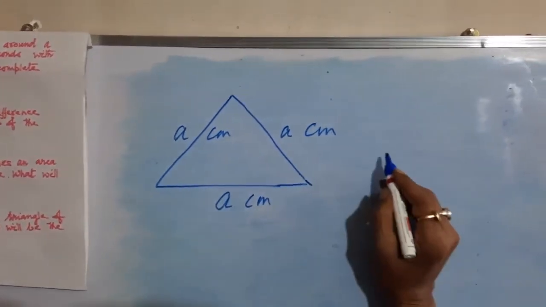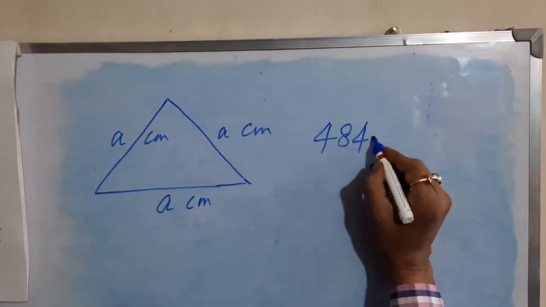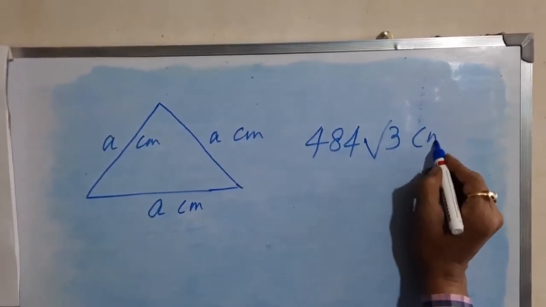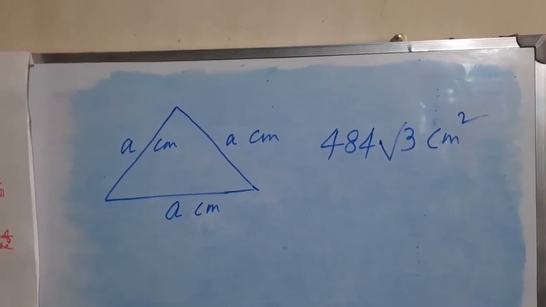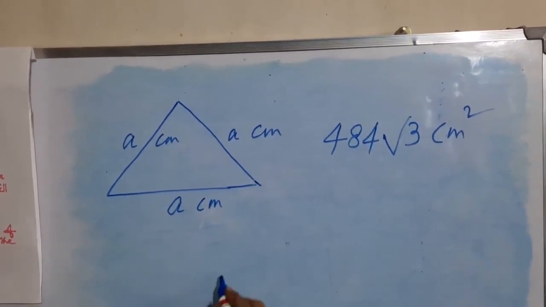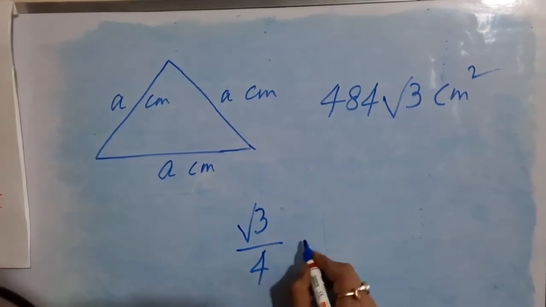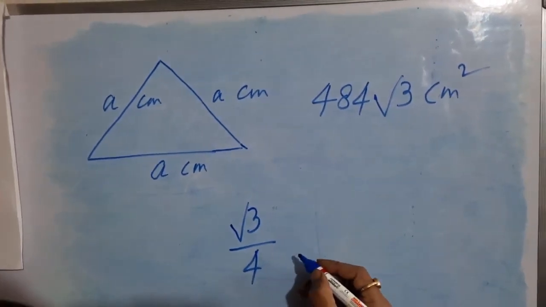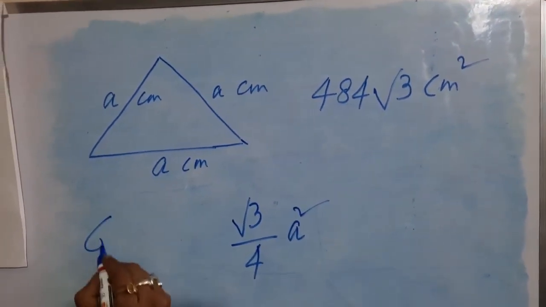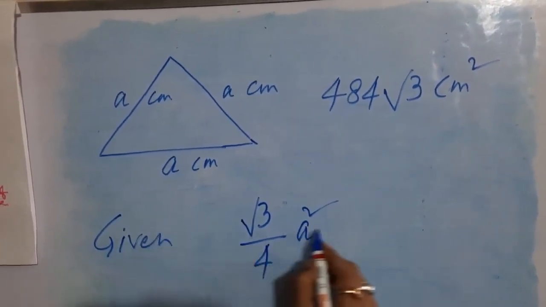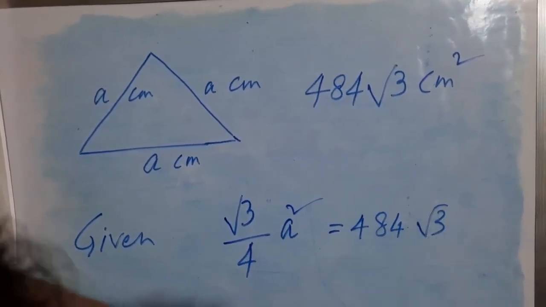And its area is given as 484 square root of 3 centimeters square. Now we know that the area of the equilateral triangle is equal to square root of 3 by 4 into side square, that is a square, that is given as 484 square root of 3.